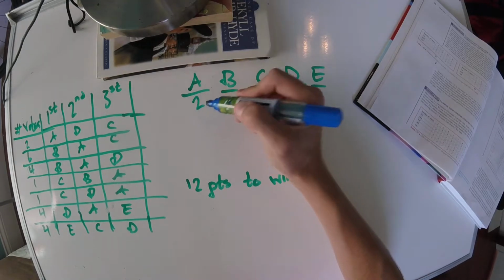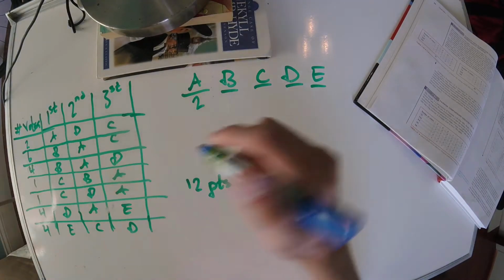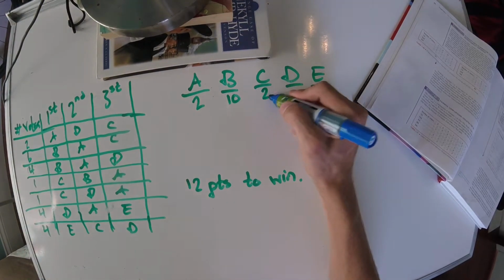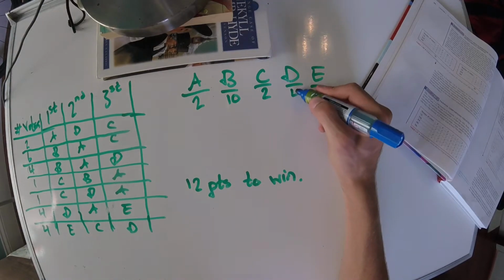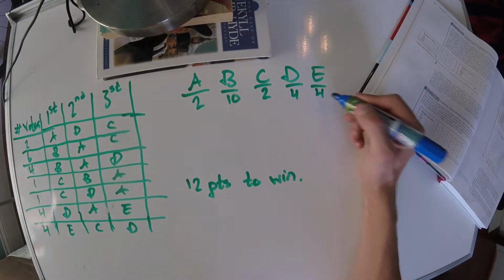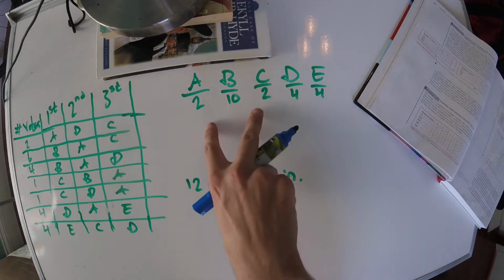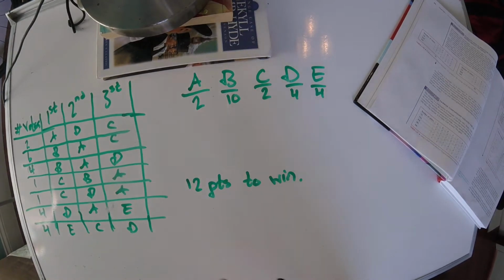We have that A has 2, B has 6 plus 4, so B has 10, C has 2, D has 4, and E also has 4. So what we'll do next is take the two candidates that are in last place, this A and C, who both have 2, and eliminate them and reassign their votes.